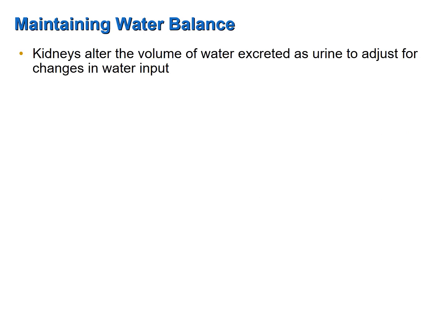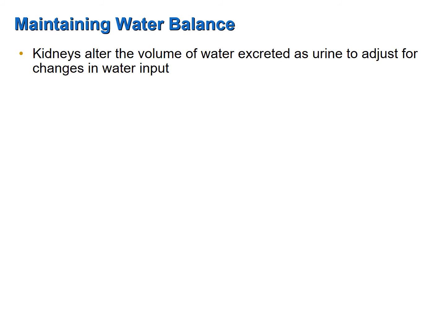So the kidneys can alter the volume of water excreted as urine in order to adjust for changes in water input. Well, how do the kidneys do this? Well, remember the process of urine formation. It involves filtration, reabsorption, and secretion.